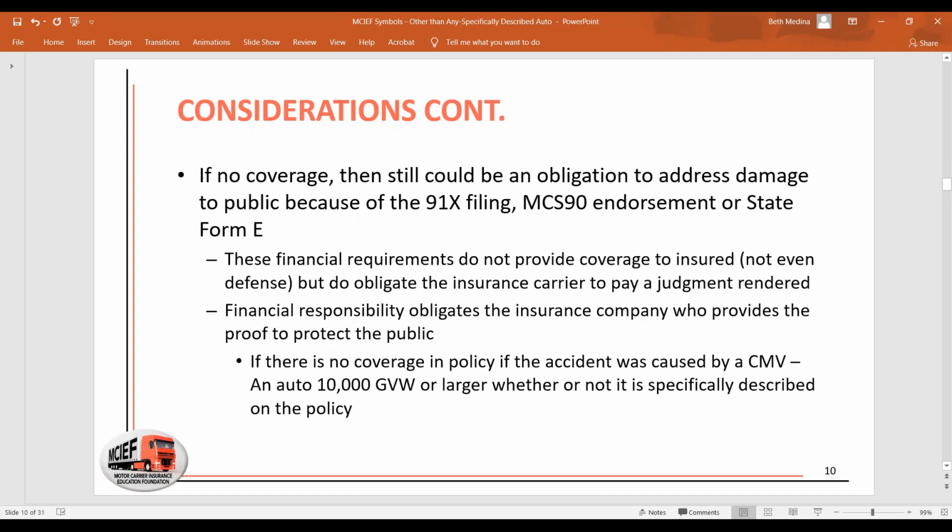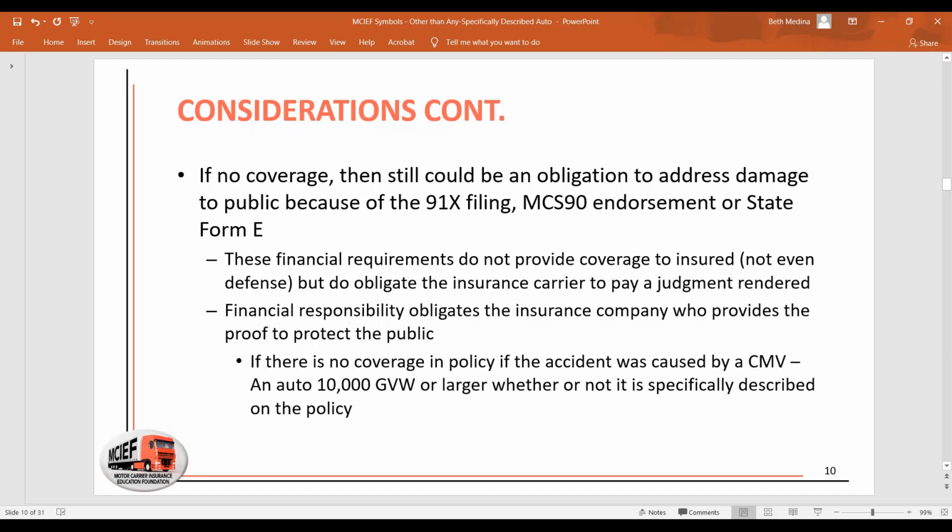If no coverage, then the insurance company still could be obligated to address damages to the public because of the 91X filing sent to FMCSA, the MCS-90 endorsement added to the policy, or the state forms like Form E sent to the states. These financial requirements do not provide coverage to the insured, not even defense, but do obligate the insurance carrier to pay a judgment rendered against the insured.